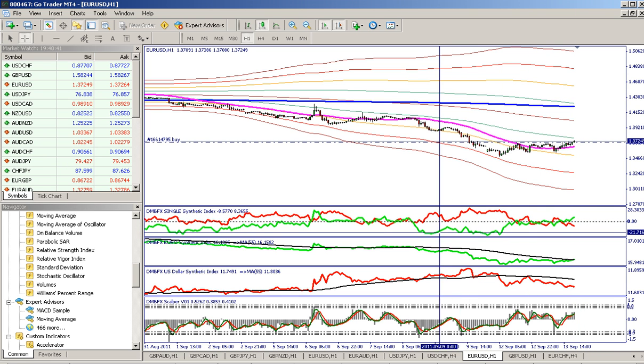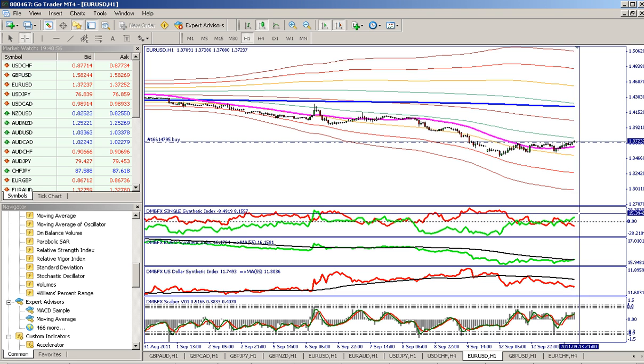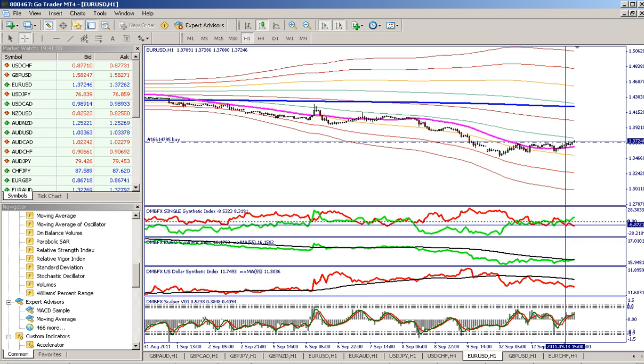Here you'll see that the green line is the euro and the red line is the dollar. You'll see clearly that the euro is going upwards. So in other words, there is a divergence taking place at the moment, with the euro trending upwards, and the dollar trending downwards.